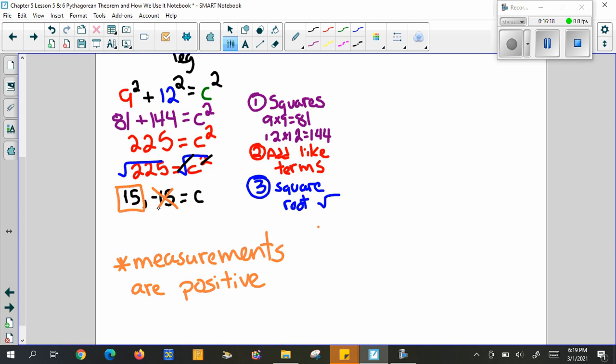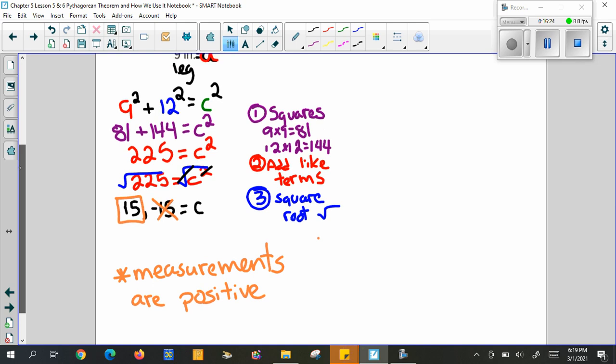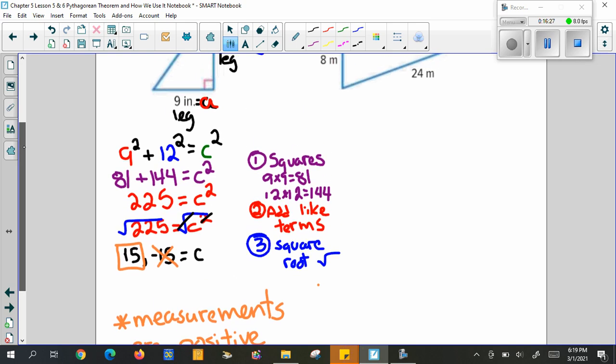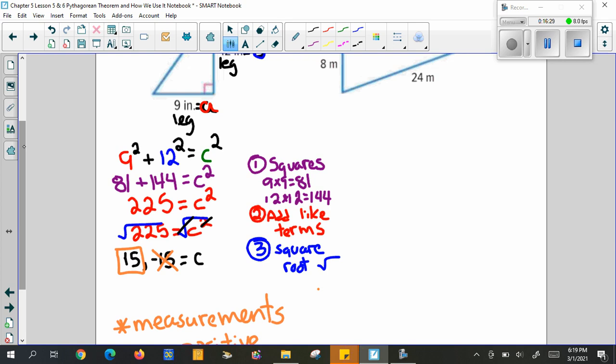There are two varieties when it comes to the Pythagorean theorem. In this one, notice we had to combine like terms by adding them together.